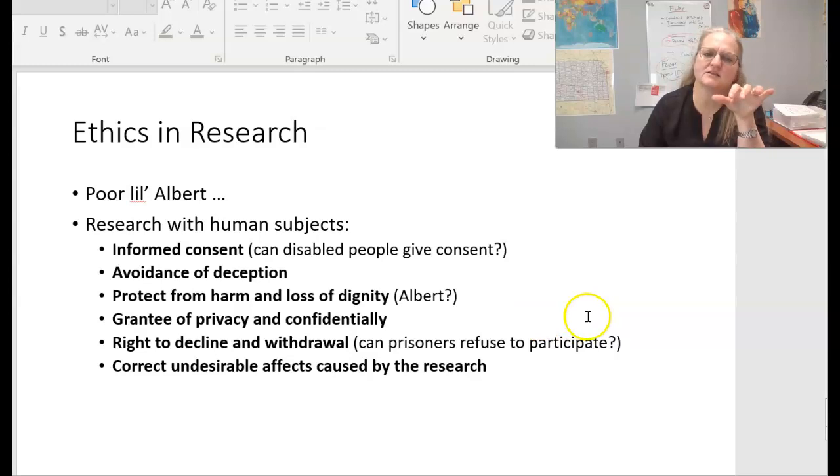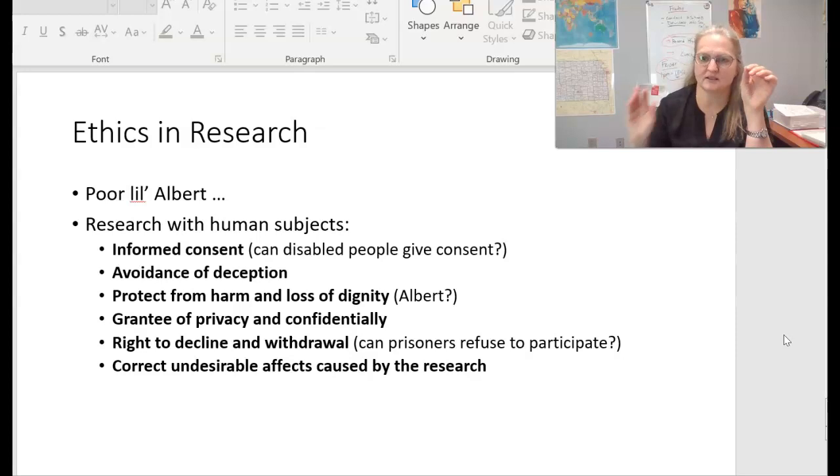And then I've already talked a little bit about ethics in research. The point is, again, that when we're talking about people, we have to be ethical, and we can't inflict pain. The question about Albert, the little child in Watson's research, is pretty sure either an exam question or a quiz question.